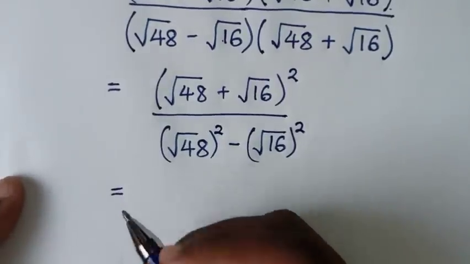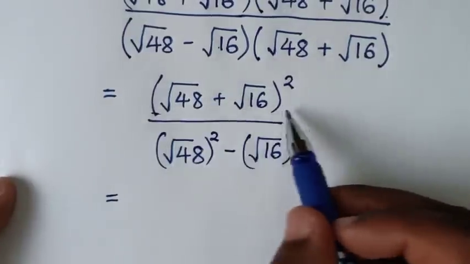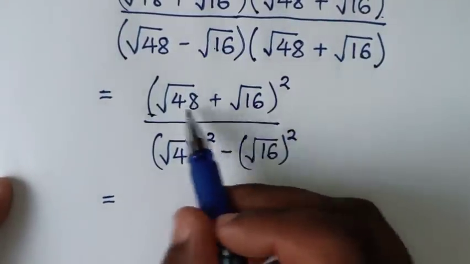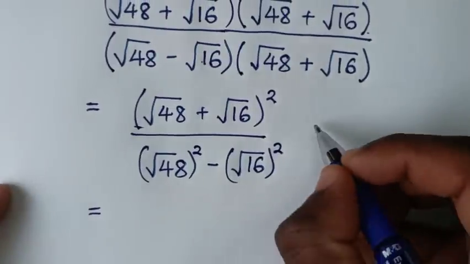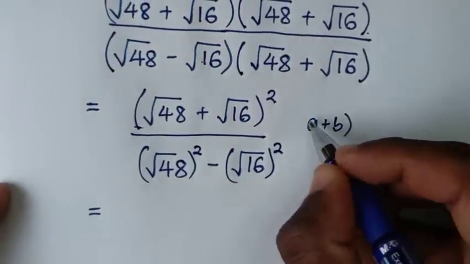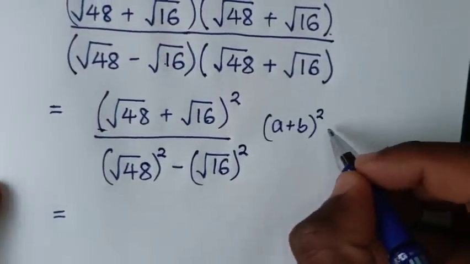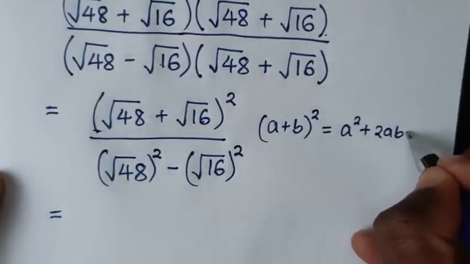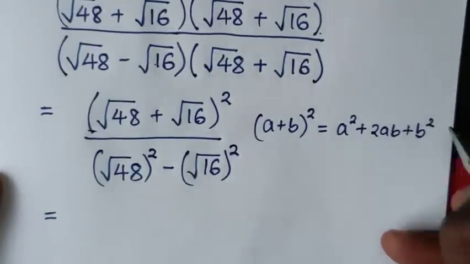Then from here in the numerator, square root of 48 plus square root of 16 bracket square, this is in the form of (a plus b) bracket square, which is equal to a square plus 2ab plus b square.